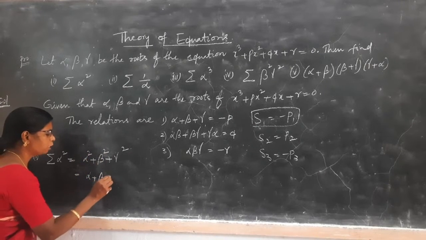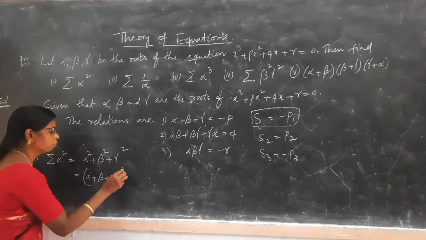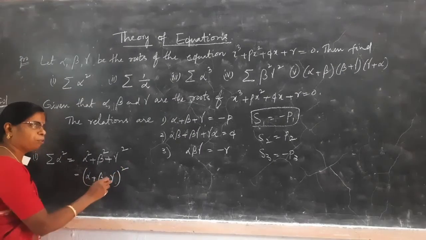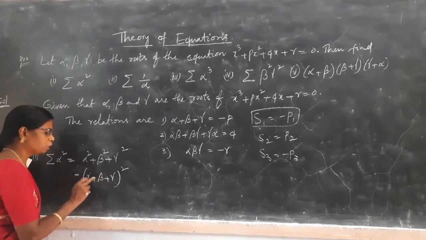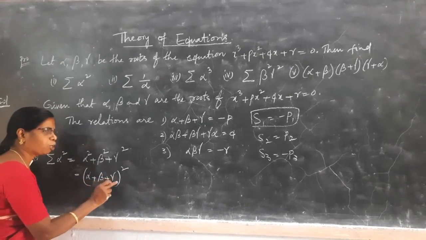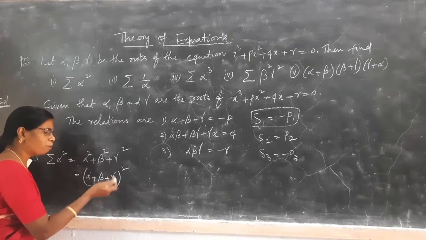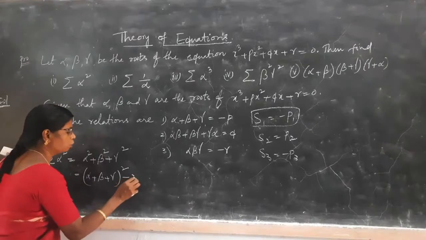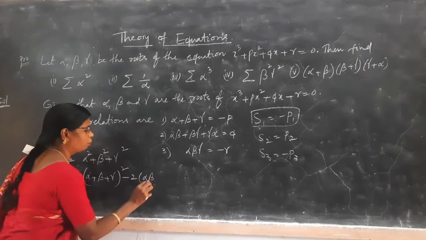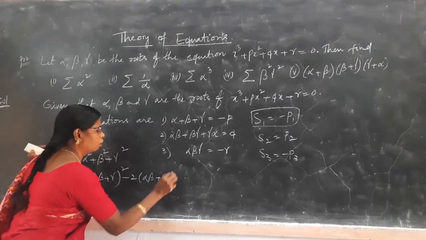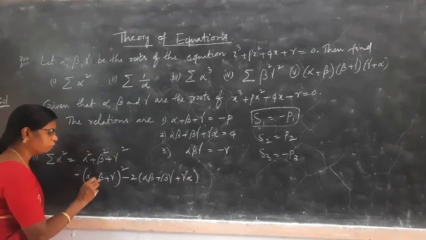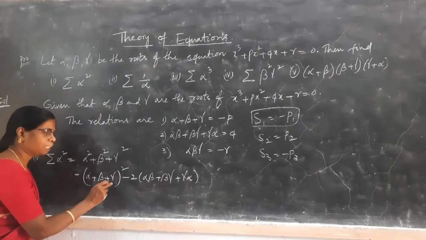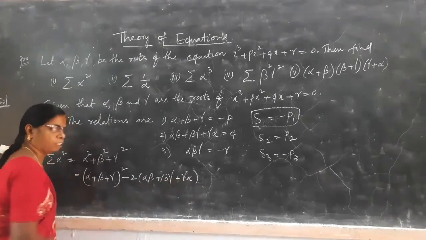Alpha plus beta plus gamma whole square gives alpha square plus beta square plus gamma square plus 2 alpha beta plus 2 beta gamma plus 2 gamma alpha. So subtract those terms: minus 2 times alpha beta plus beta gamma plus gamma alpha. Here I subtracted the 2ab, 2bc, 2ca terms.